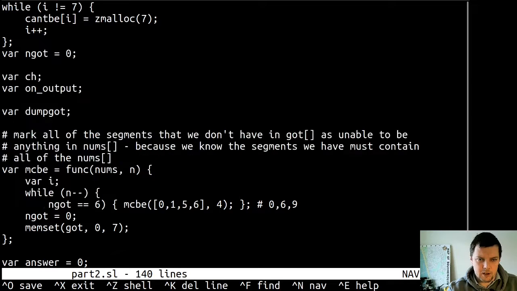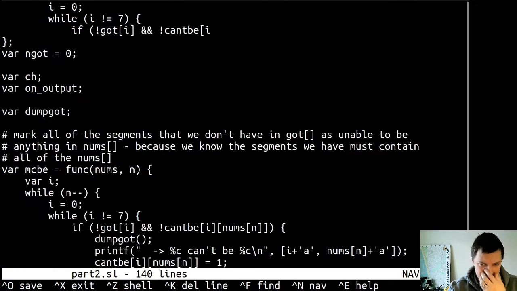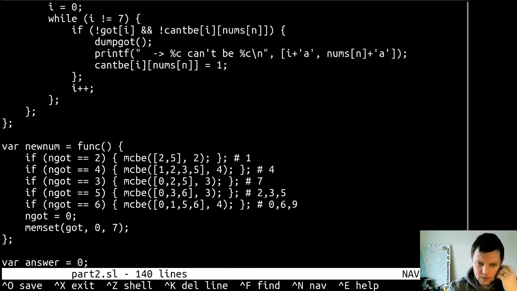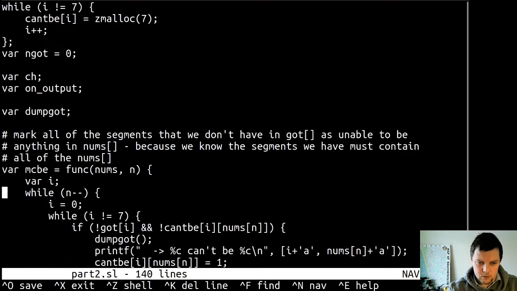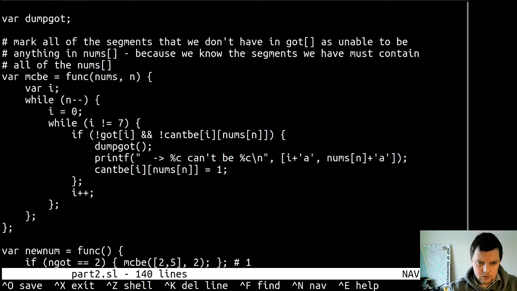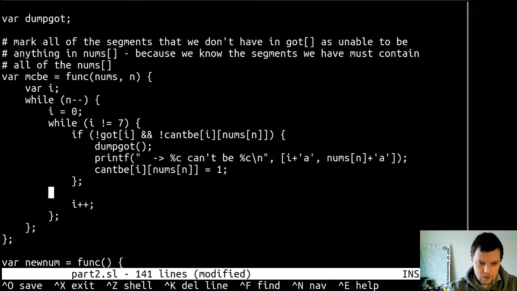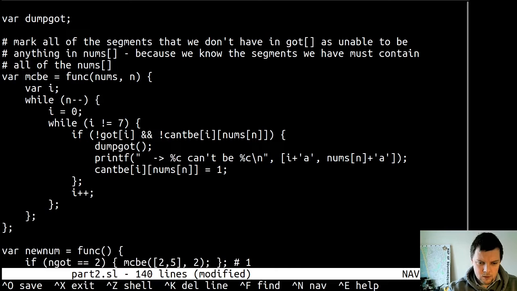So as well as mark can't be except, actually for the numbers that we have got, for the segments that we have got, we know they can't be anything that's not in nums.